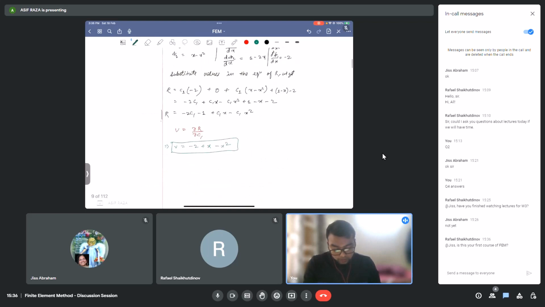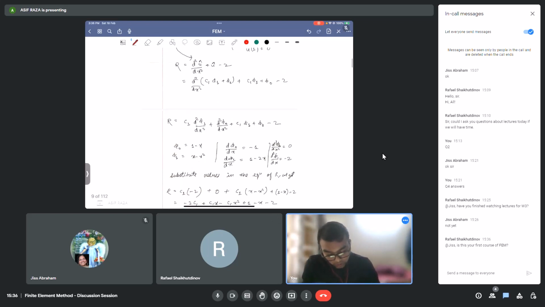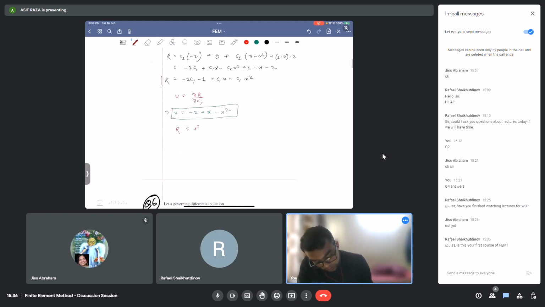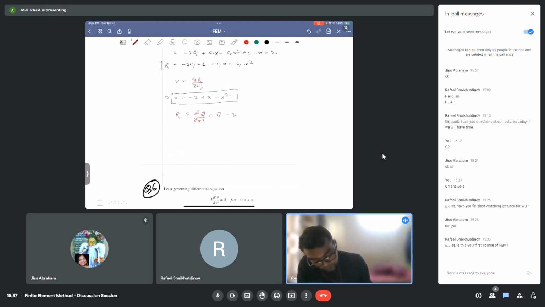I would say this need not be the only solution. We could have taken another way also. Suppose we had taken R as d square u hat by dx square plus u hat minus 2, right? What if we had taken minus of this?